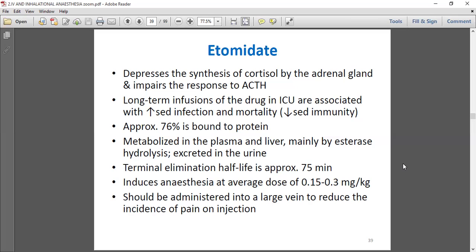Understanding the concept of half-life is useful for determining excretion rates as well as steady state concentrations for any specific drug. Anyway, not 75 hours, minutes. Okay.